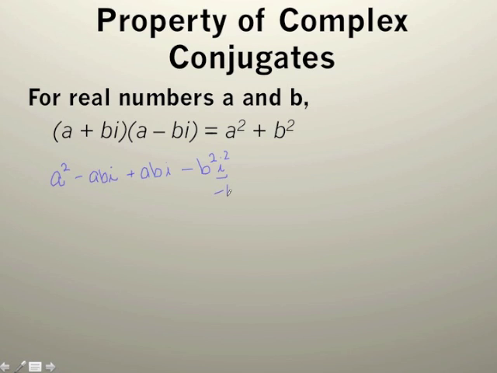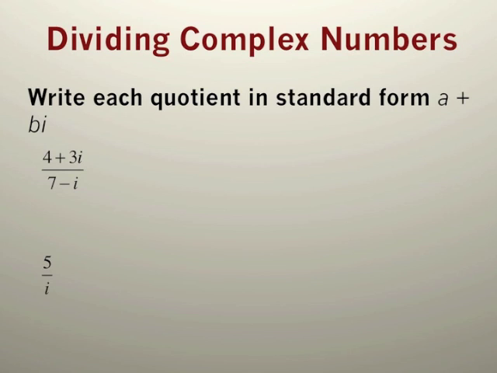But i squared is negative 1, so that becomes plus b squared. Ooh, negative abi plus positive abi, those are gone. a squared plus b squared. So that proves it does work. And complex conjugates will become very important when we divide these, and we want to write these in standard form.